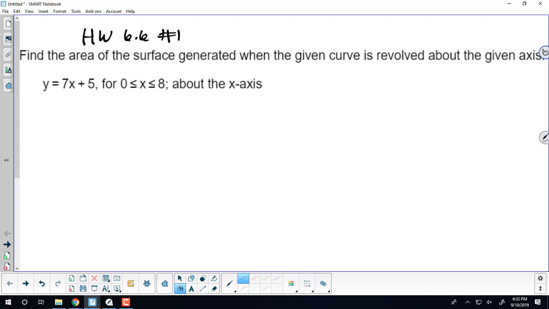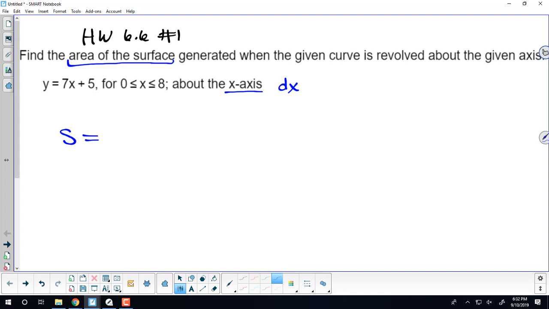Surface area when it's revolved about the x-axis. So surface area and axis of revolution, we're revolving about the x-axis, so we're integrating with respect to what, x or y? X, yeah, surface area is always with respect to the axis. And the surface area formula was what?